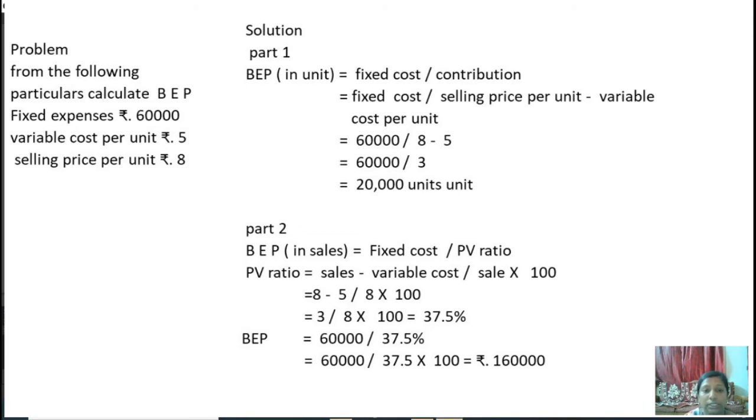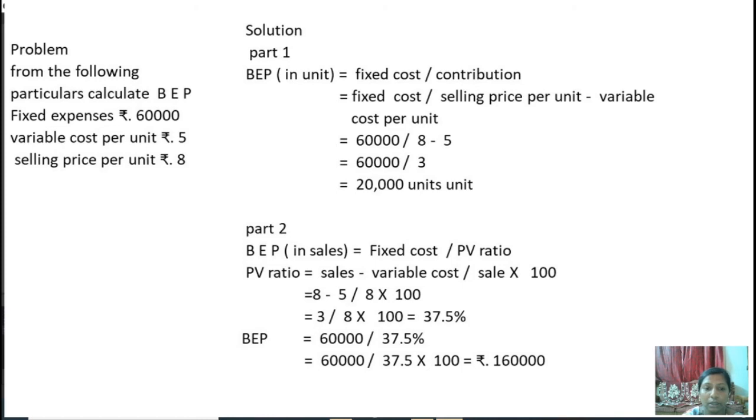The selling price per unit is rupees 8 minus variable cost rupees 5, divided by sales per unit 8, into 100. So 8 minus 5, 3 divided by 8 into 100 equals 37.5%.